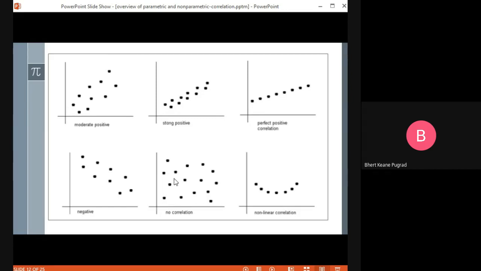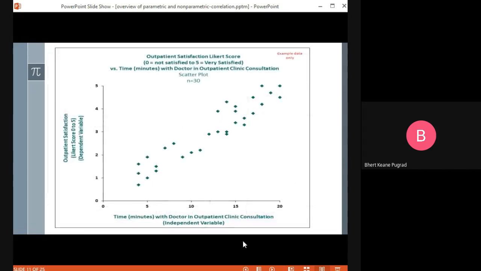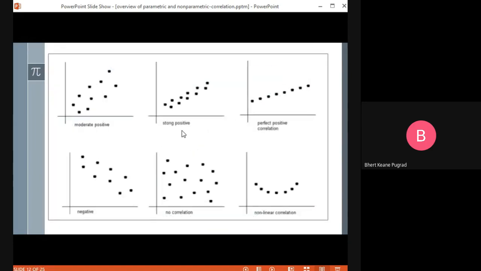Kapag pababa naman, that's your negative correlation, no? Pababa, which means, balikan natin, for example, pababa ito, the higher the outpatient satisfaction rating, the lower their time in their outpatient clinic consultation. So kapag pabaliktad yan, we term that as your negative correlation.